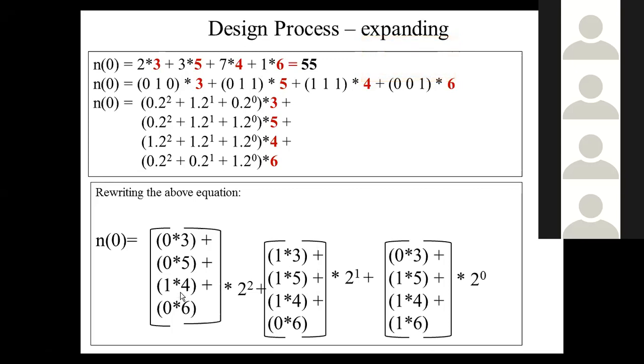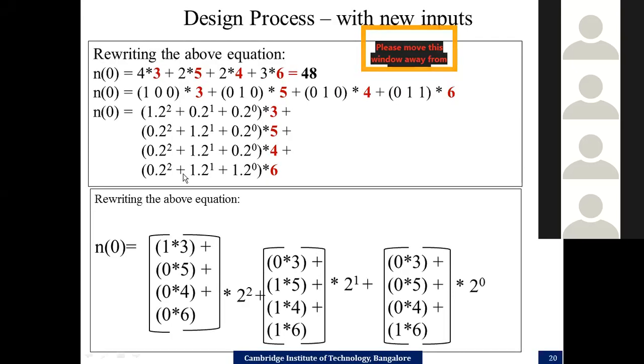And the leftmost term is the MSB bits of 2, 3, 7, 1 multiplied by the corresponding weights 3, 5, 4, 6 and the binary factor 2 power 2. This is what has been done.